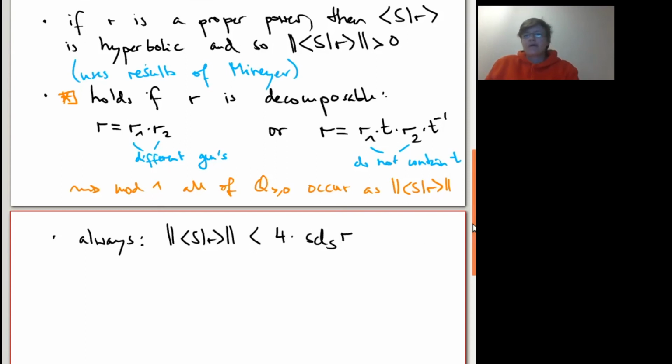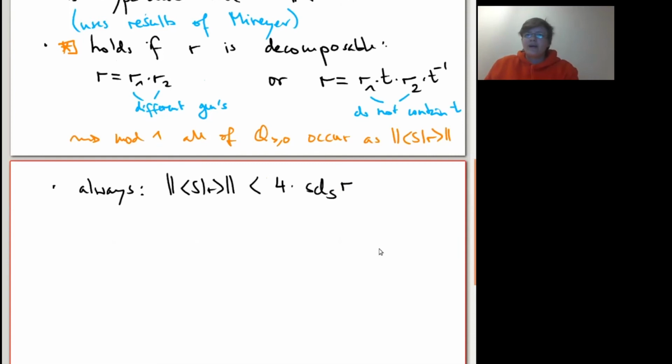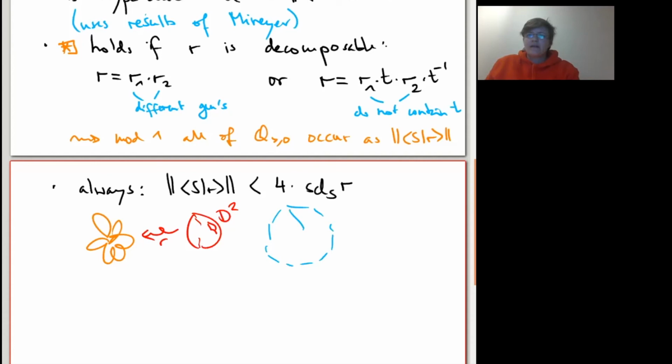If you think back again, let me draw this presentation complex picture once more, where you have your D2 and here you have R. Now you can imagine that if you have a way of writing your relator R as a good commutator, then you get 4 times the number of things that you needed to write your relator, and you can use this as your disk and glue it there, and this gives you a good representative of your class.